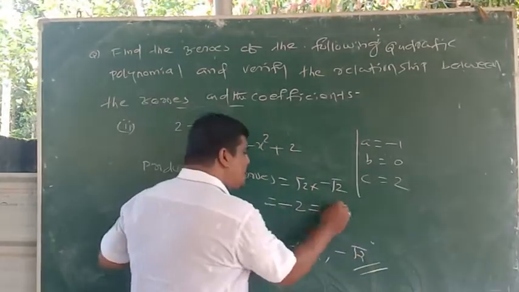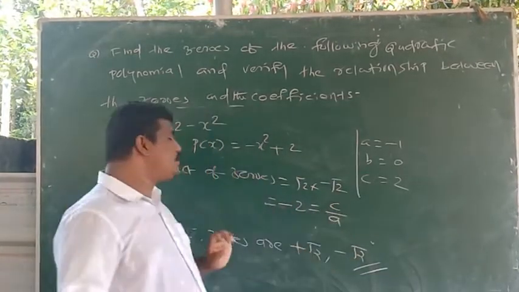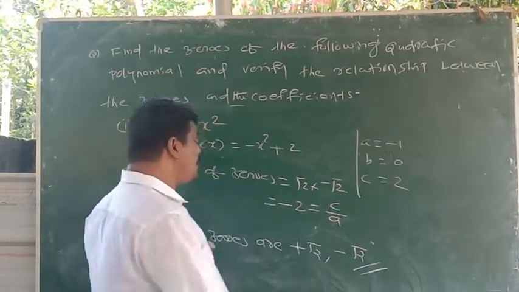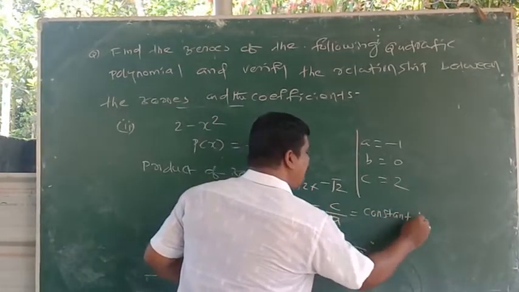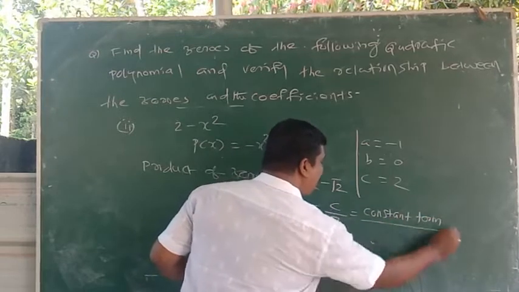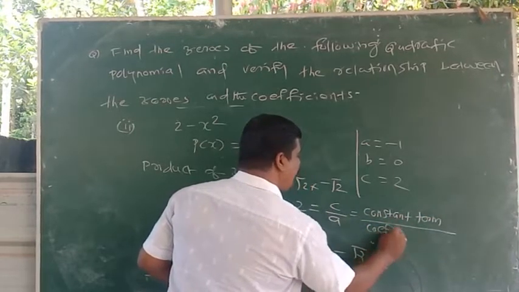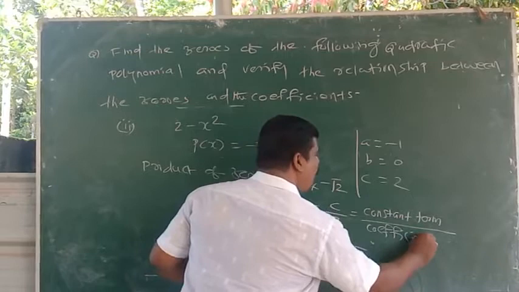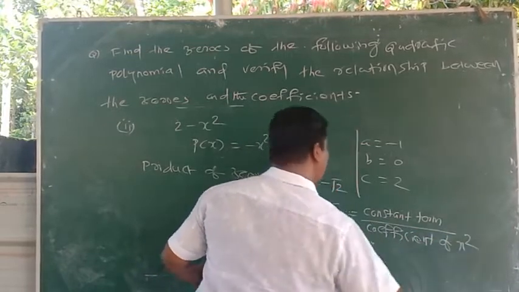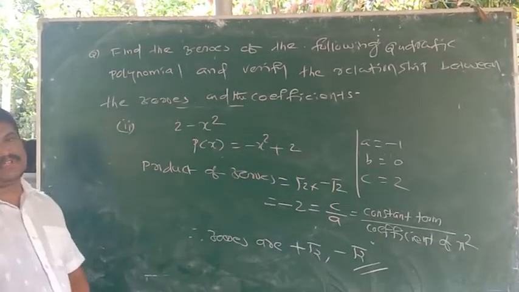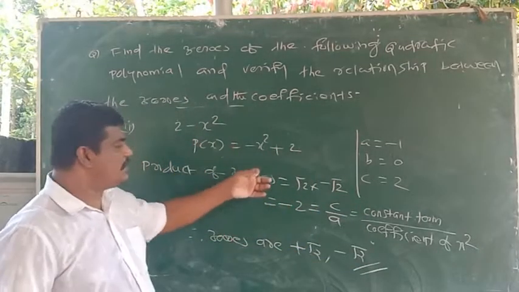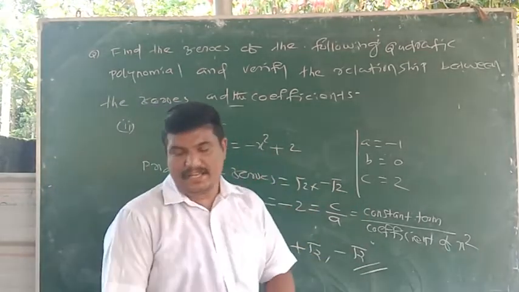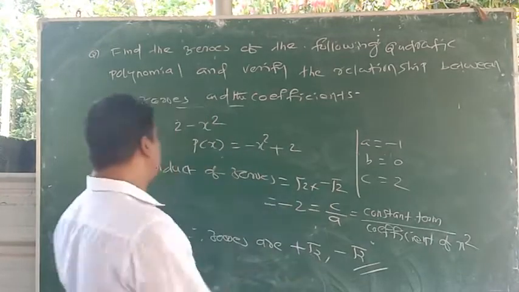So the product of zeros is c by a, that is, the constant term divided by the coefficient of x square. So first find the zeros, then verify the relationship between zeros and coefficients. Clear? Okay. Next question.